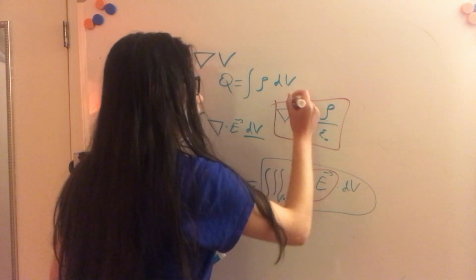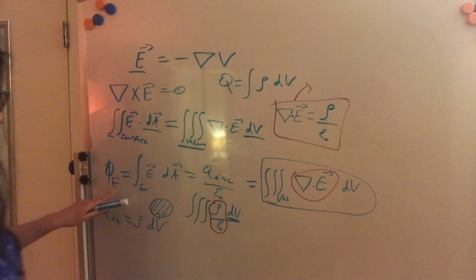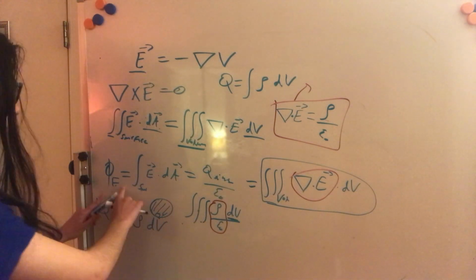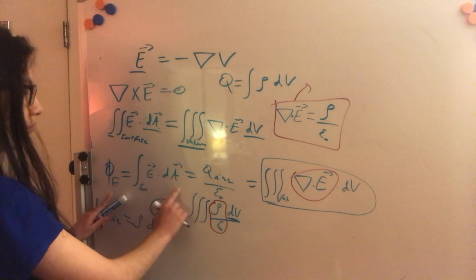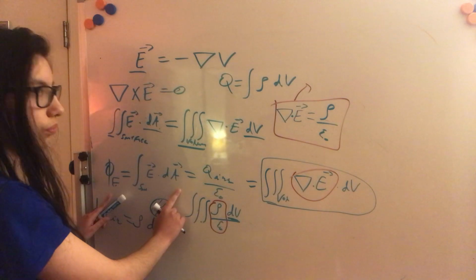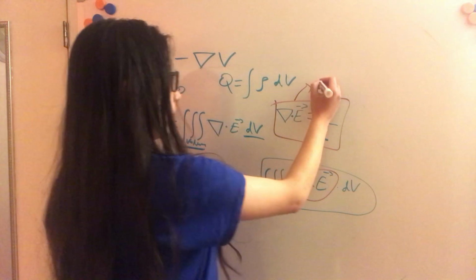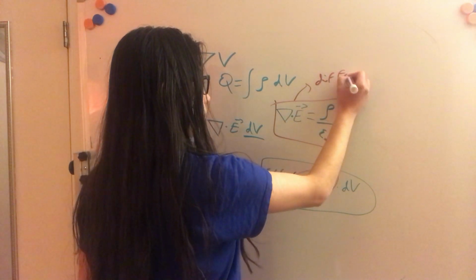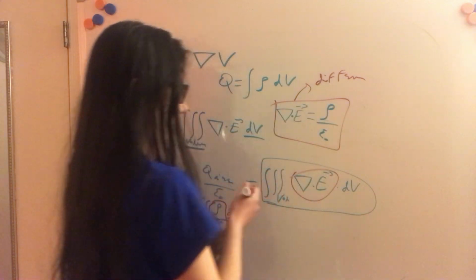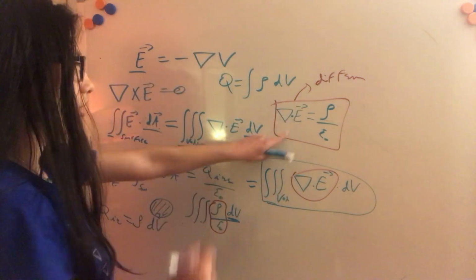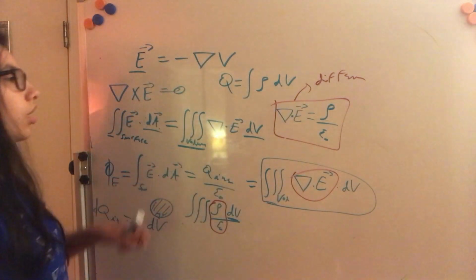And this is the same as Gauss electrical flux equation, or the Gauss law for electricity, that is the first of Maxwell equations, but this is in differential form. So this is the first of Maxwell equations in the differential form.